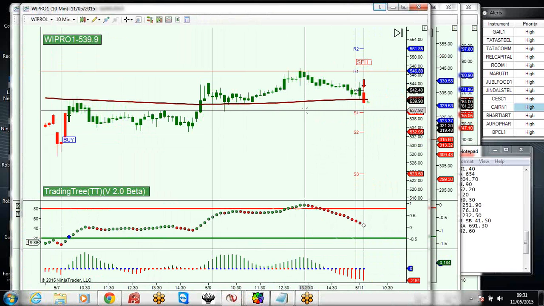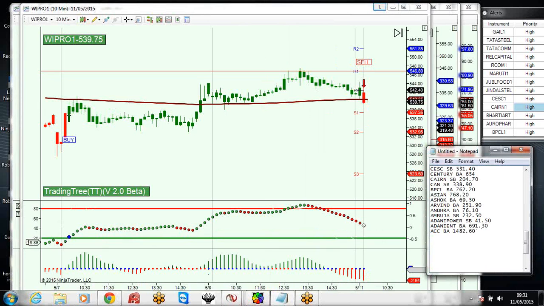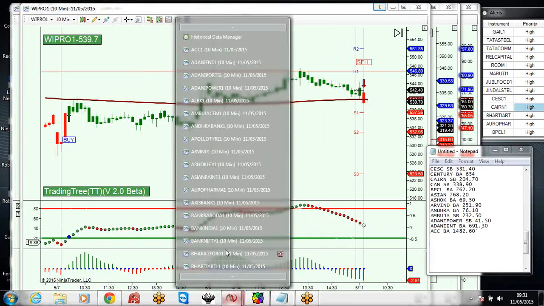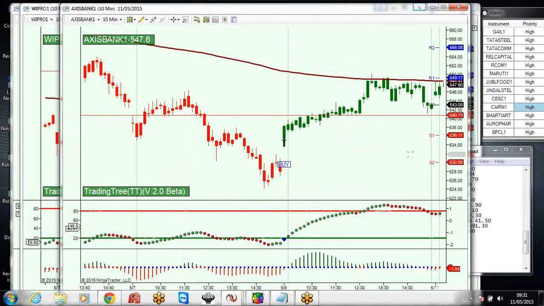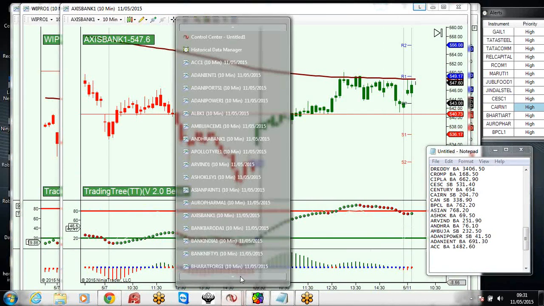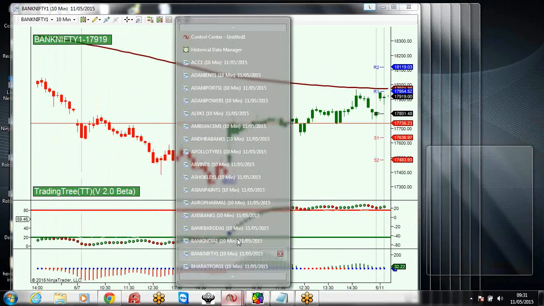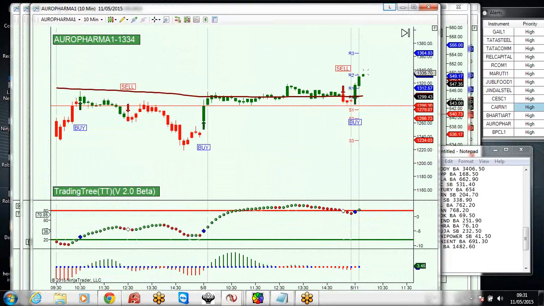So you can short it below 537.90. So Aurobindo Pharma, you can just see that it's at 1334 now.